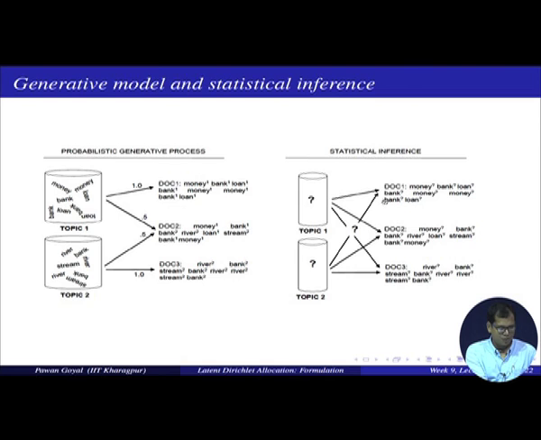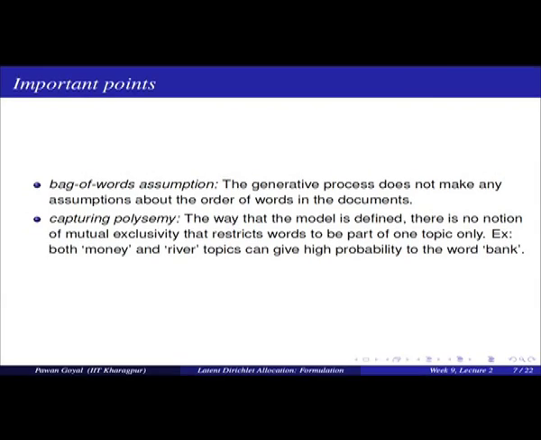So all these numbers you do not know, and you also do not know for each word what the topic assignment is, and all this you have to infer. So I hope with this figure it is clear what I mean by generative model and what my problem is, that is to infer all these probabilities of my generative model only from my observation.